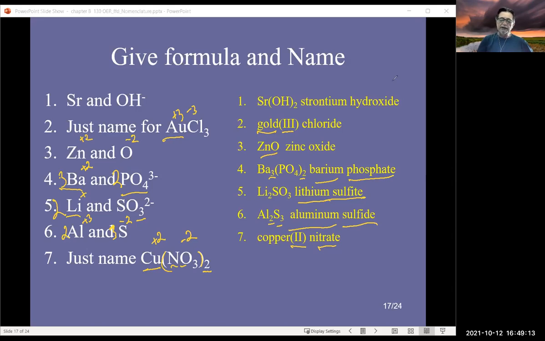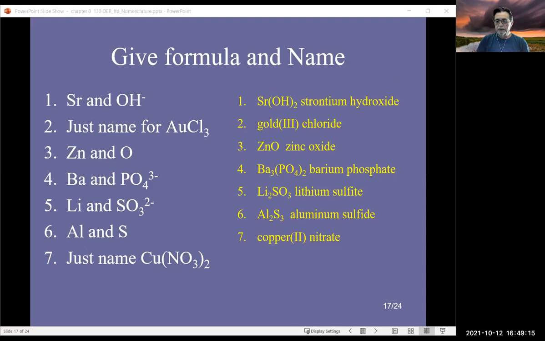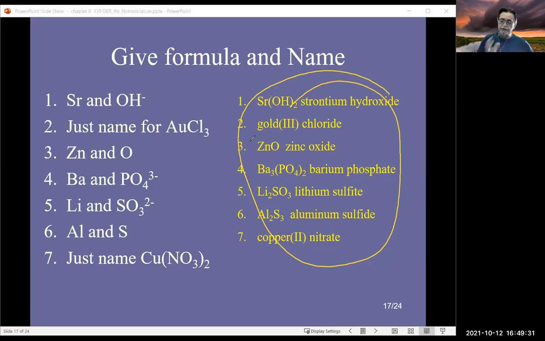Because, like I said, 99% of the time, the final charge on the molecule is 0. You can notice over here that everything here is no charge overall. It's all net 0. So we have to add enough cations and anions in the molecule to cancel each other out.